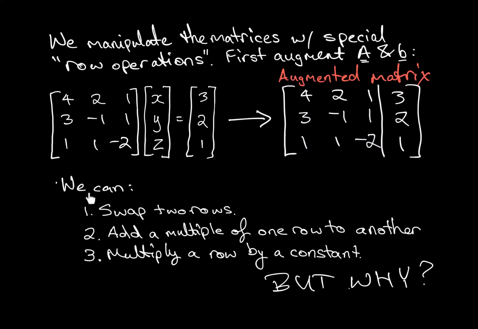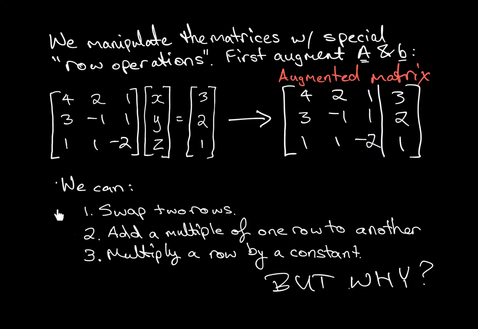With that, we can then apply these three operations, called the elementary row operations. The first one is that we can swap any two rows we want. We can add a constant non-zero multiple of one row to another, and we can multiply a row by any constant that we want other than 0.